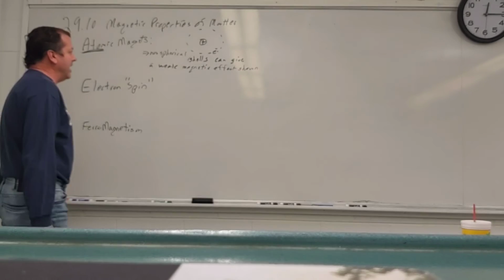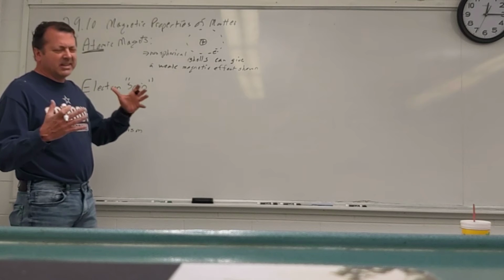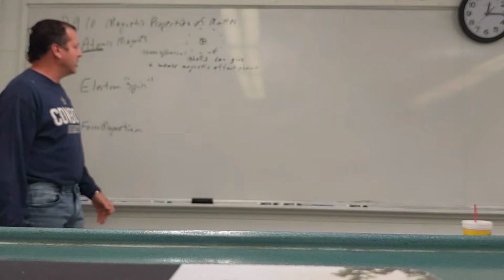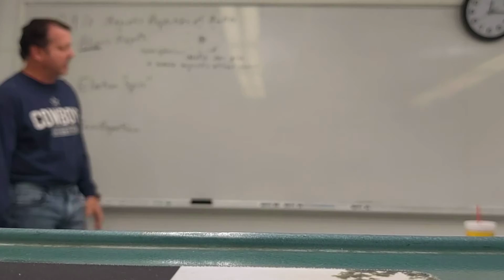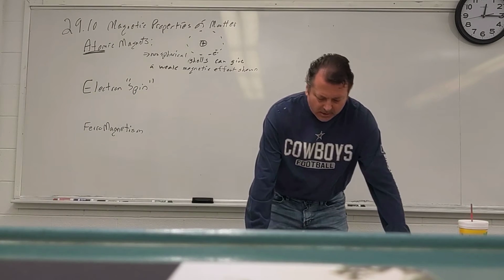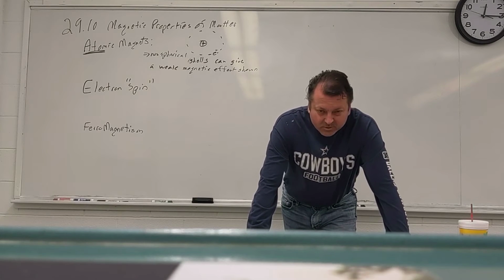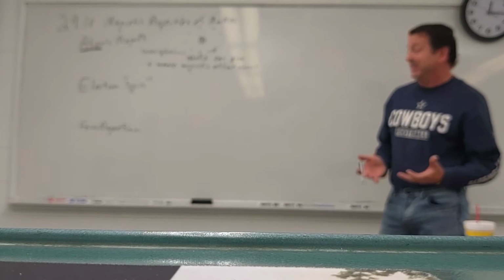You don't have a lot of that. Of course, things with filled shells kind of balance each other out. These things kind of cancel each other out, I should say. But atoms themselves act like magnets. So you can think of an atom itself as a magnet.